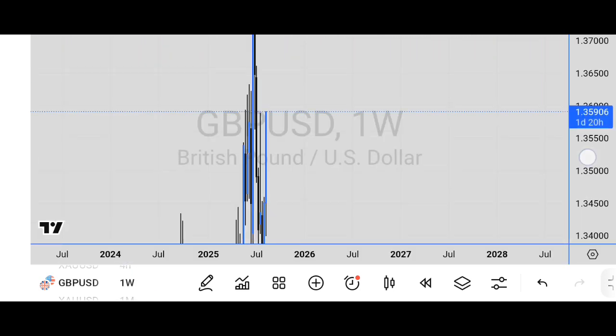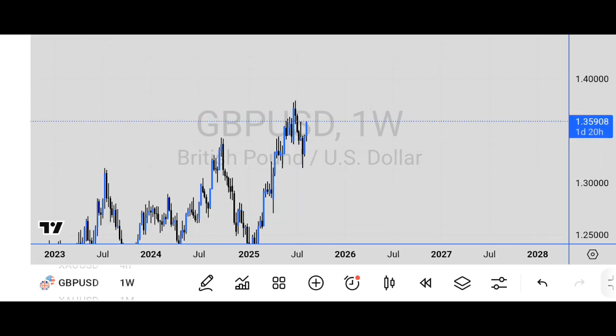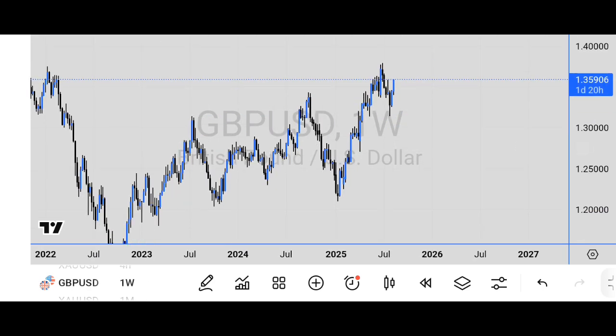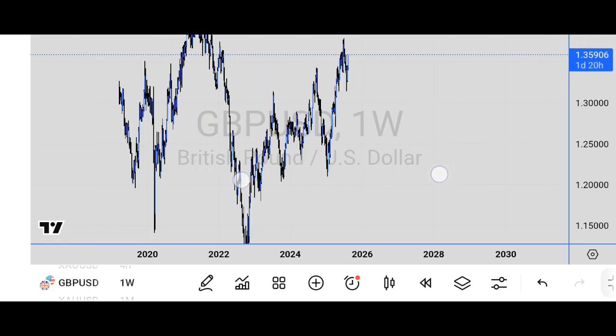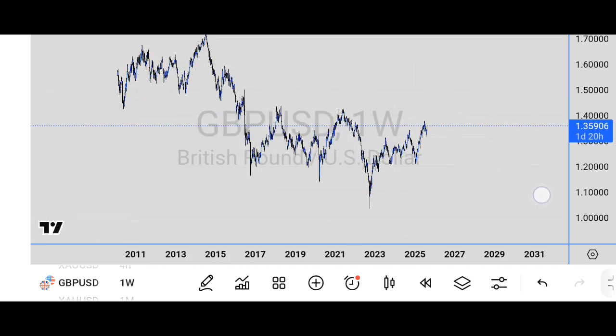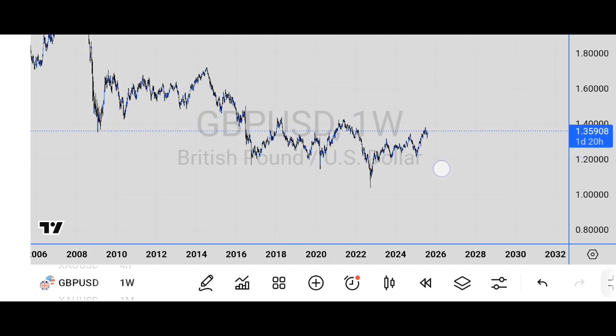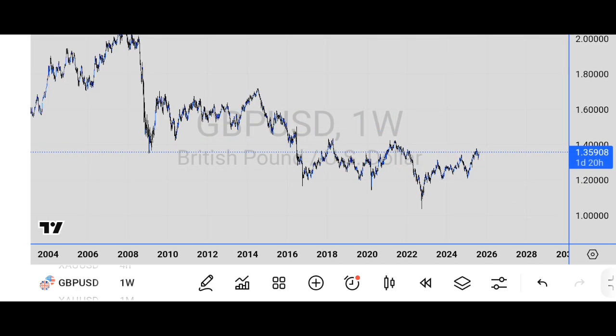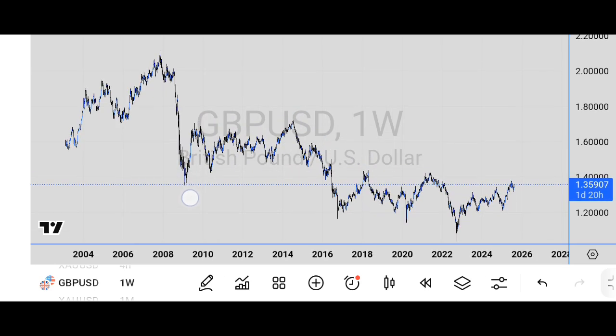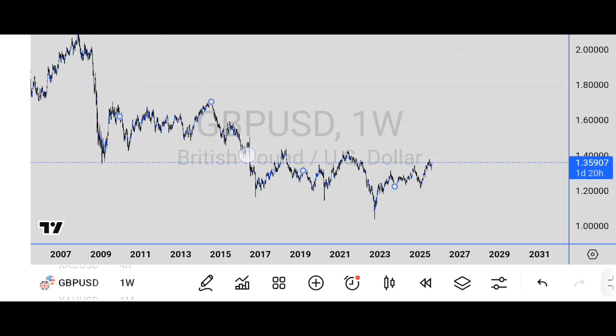Just like I always say, first of all we have to go to the weekly time frame, shrink the chart and look. Currently, if you look at the weekly, we are bearish.